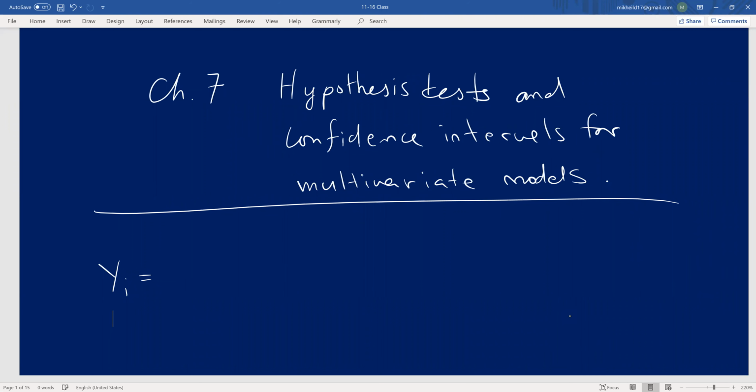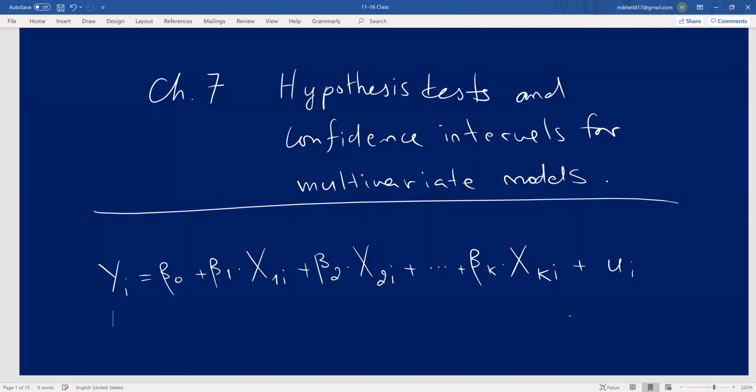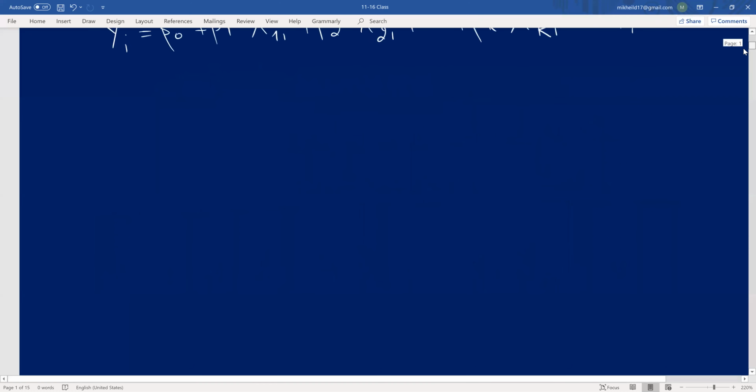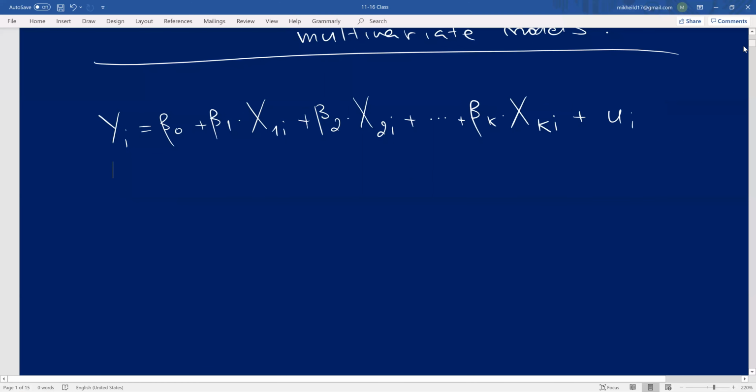Yi equals beta 0 plus beta 1 times x1i plus beta 2 times x2i, and so on, plus beta k times xki, plus ui, right? So this is the population relationship, right?